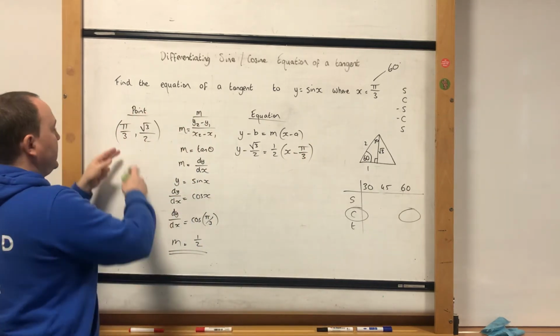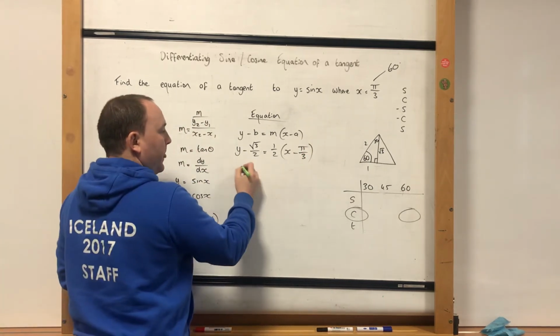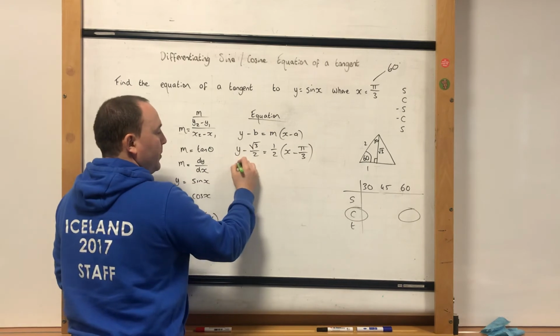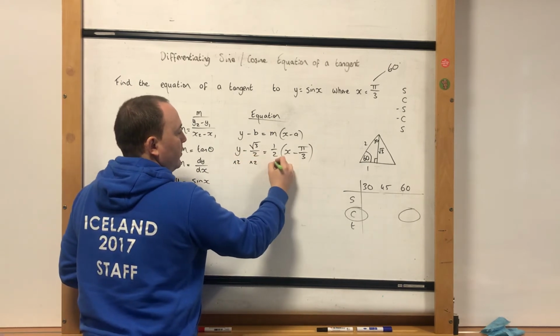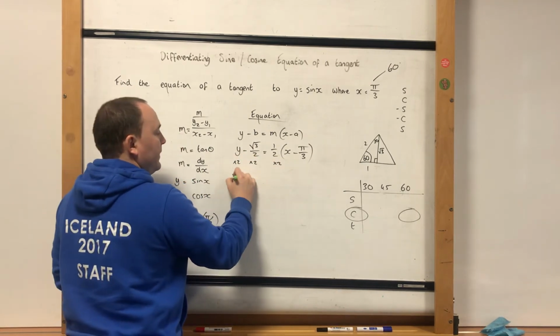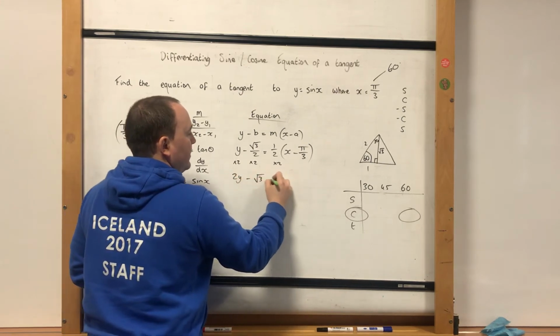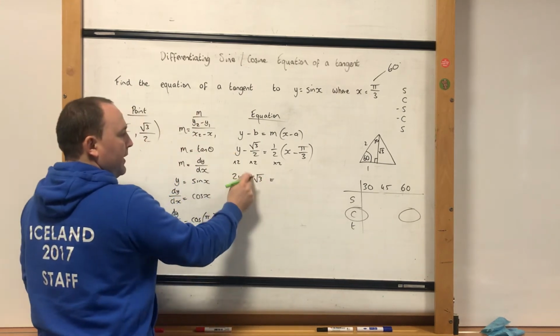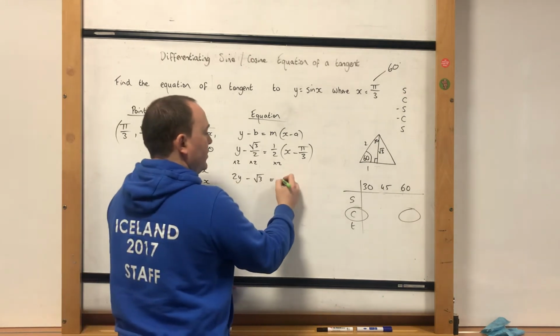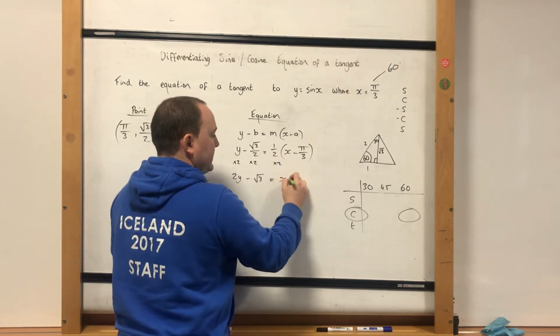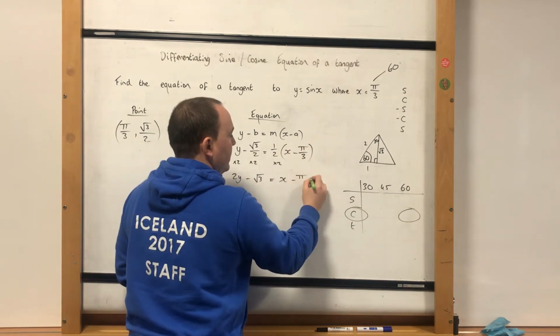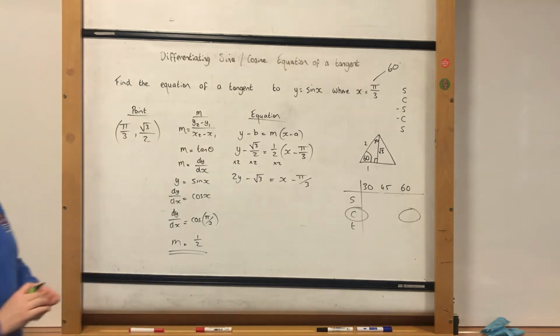Don't change the unit of measure. Multiplying through by 2, you'll not need to write that, you'll be thinking it now, but if you do, you're more than welcome. 2y minus root 3 equals x minus pi by 3, and then you're tidying it up.